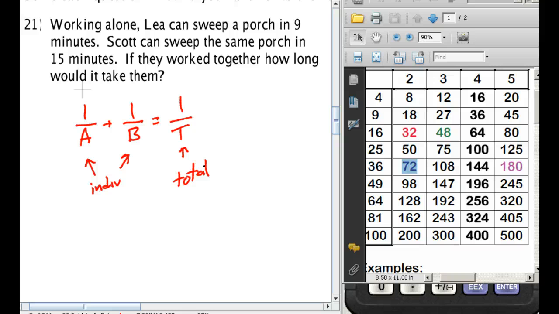Alright. And then there's two problems where they give you the two individuals, and the next two problems they give you one individual and the total. Of course, use your calculator on these. There's some decimals in there, but you have calculators, so that's fine. Okay, you guys work on that, and we'll collect it at the end of the period.